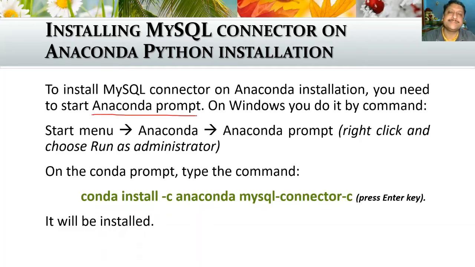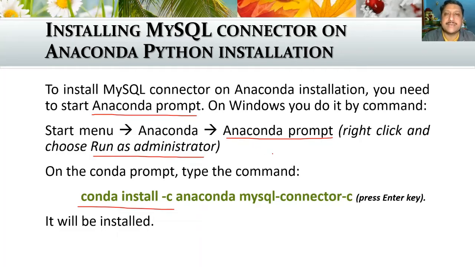Not the command prompt of the Windows operating system; a special command prompt is already given with the Anaconda distribution, known as Anaconda Prompt. Just open that and type this command. It must be ensured that the Anaconda prompt is started as administrator, using run as administrator. This can be done where the Anaconda prompt will be displayed.